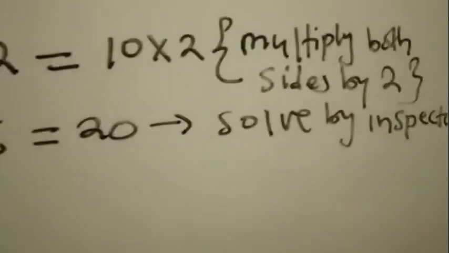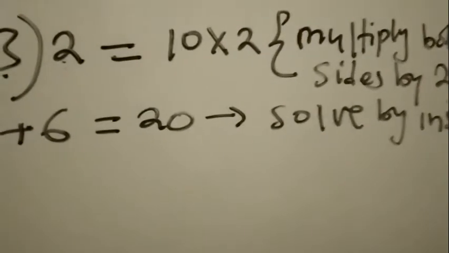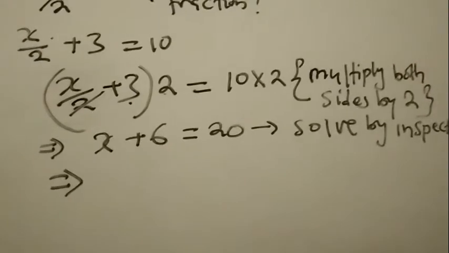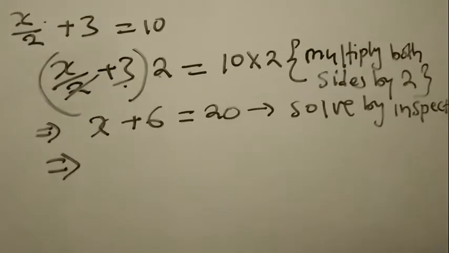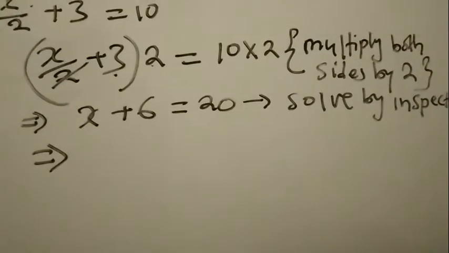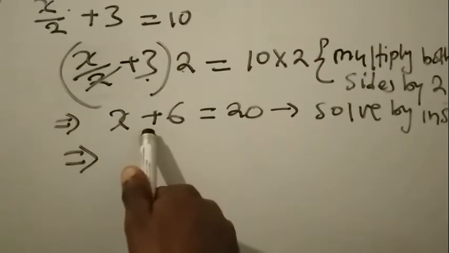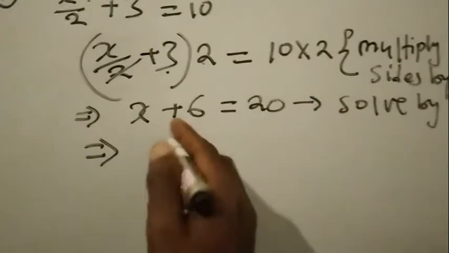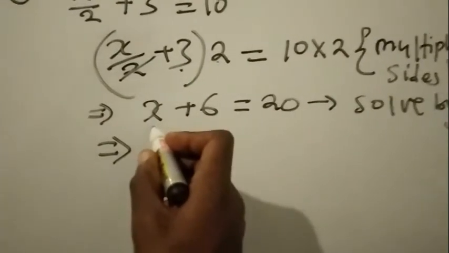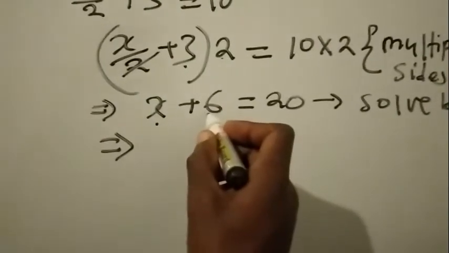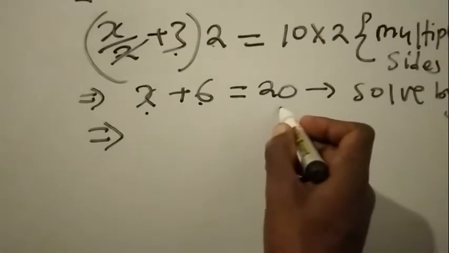Now, I mentioned earlier that inspection simply means a way of solving an equation in one variable, more especially in one variable, where you look at the equation and ask yourself, what could be the value of x such that when I add it to 6, I get 20.